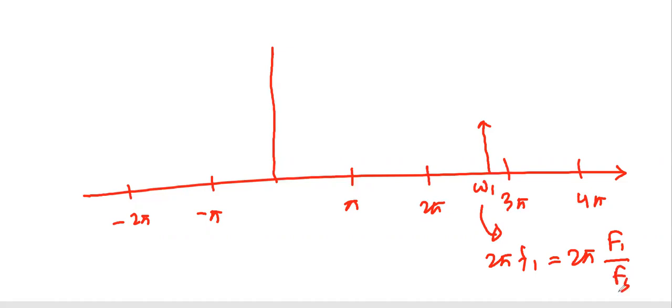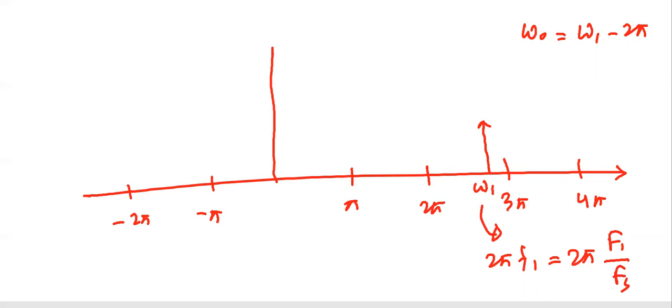If you found anything ambiguous, please raise your hand. Okay. Now, where is their alias, or you can say the identical signal? According to the properties, we have found that omega 0 is equal to omega 1 minus 2π, because omega 1 equals omega 0 plus 2π.